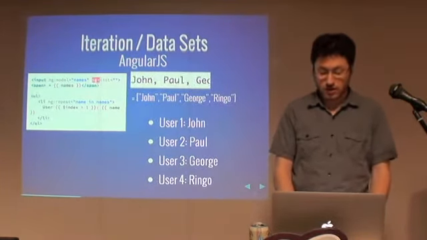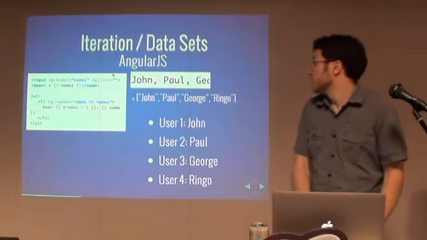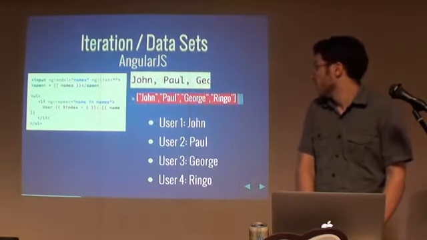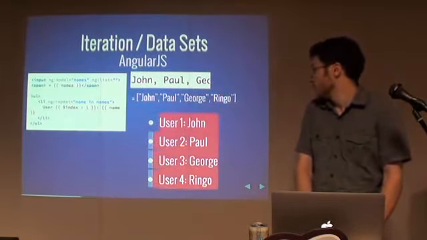So the ng-list directive is telling the contents of this element to parse to an array, and we're iterating over the array to display the results.